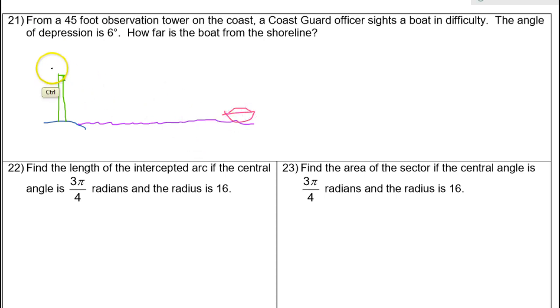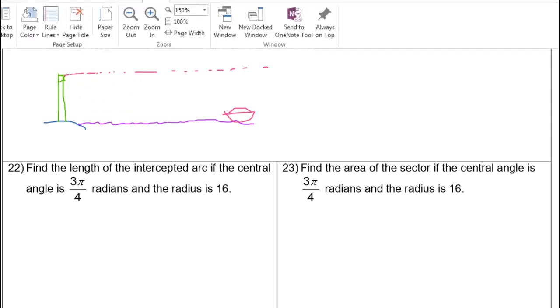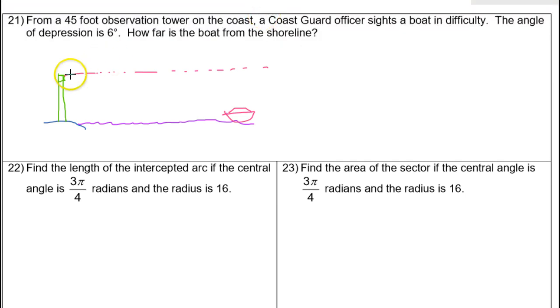Okay, there's my boat. So, when they talk about an angle of depression, if you were to look straight out, then the angle of depression is going to be the difference between the horizontal line and where you're looking.